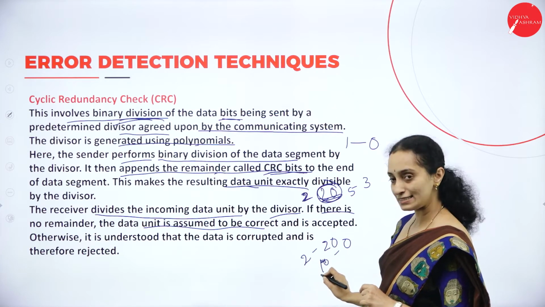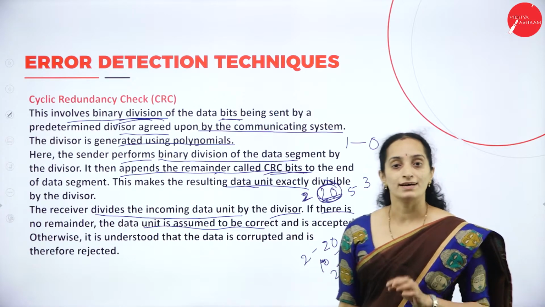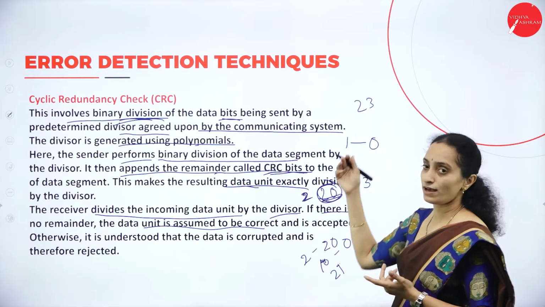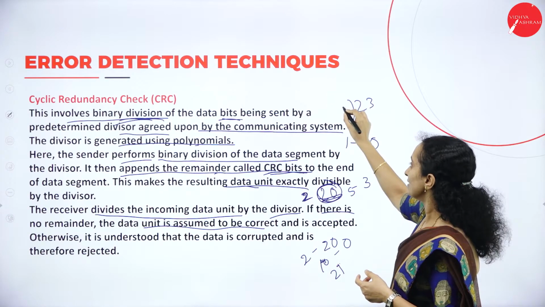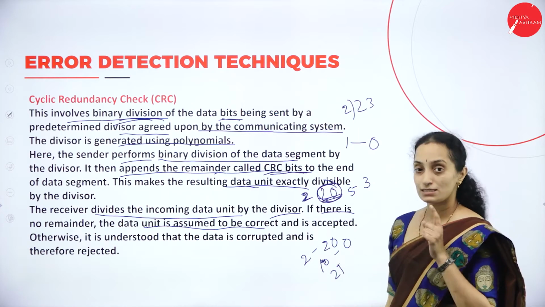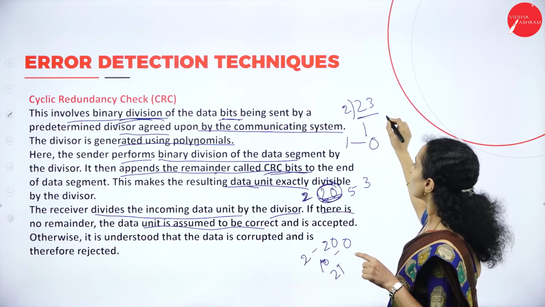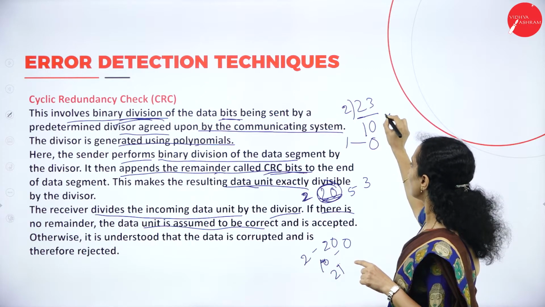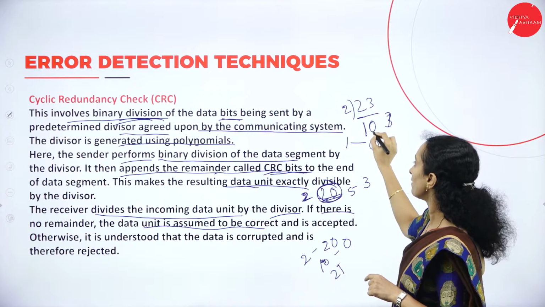If the data is changed and the receiver receives 21, 23, 25 or 24, the quotient and the remainder may change. For example, the remainder may become 3 and the quotient 10.